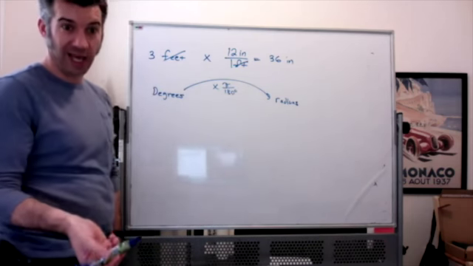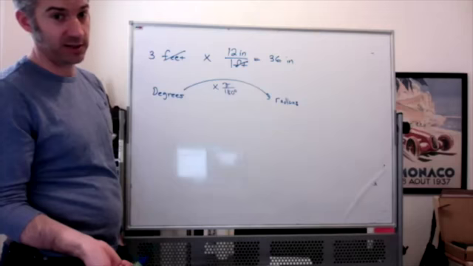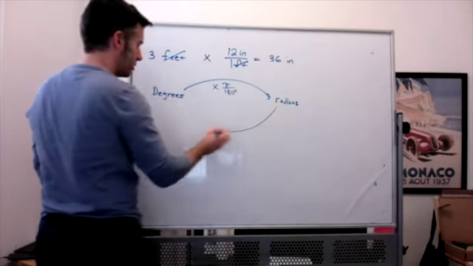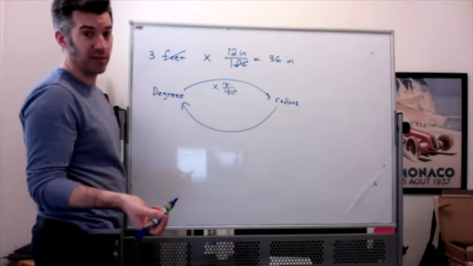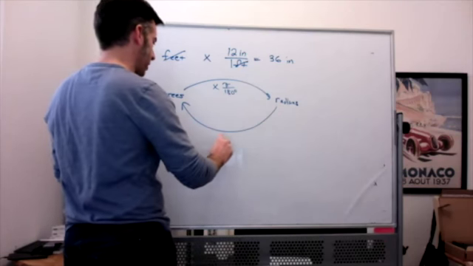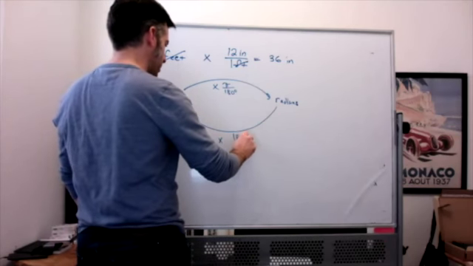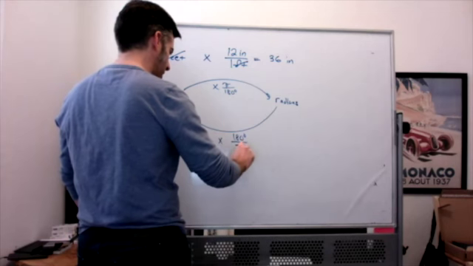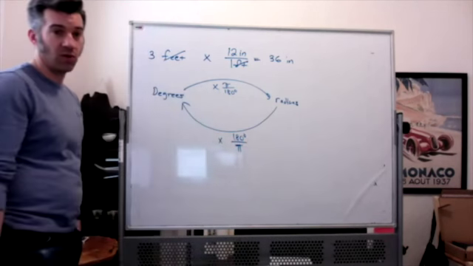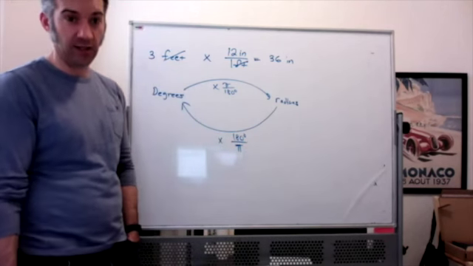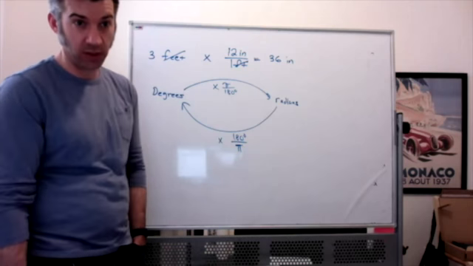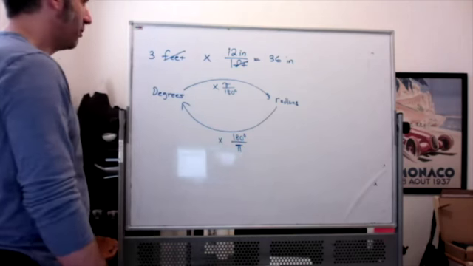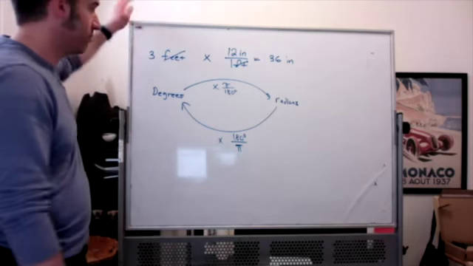The degrees will cancel and you'll be left with radians. To go the other direction, to change from radians back to degrees, we're going to multiply by 180 degrees divided by pi radians. We're almost never going to actually write radians or rad because we just don't. So that's how we go back and forth.